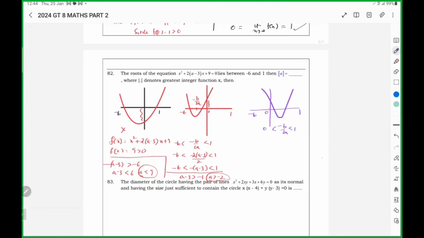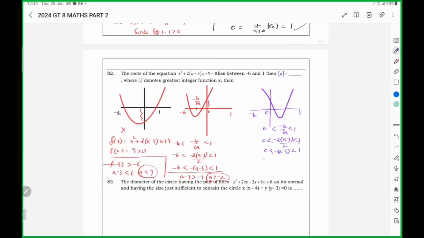Here you can take even less than 0 also. Minus b by 2a is minus 2 times a minus 3 by 2, 0 less than 1.